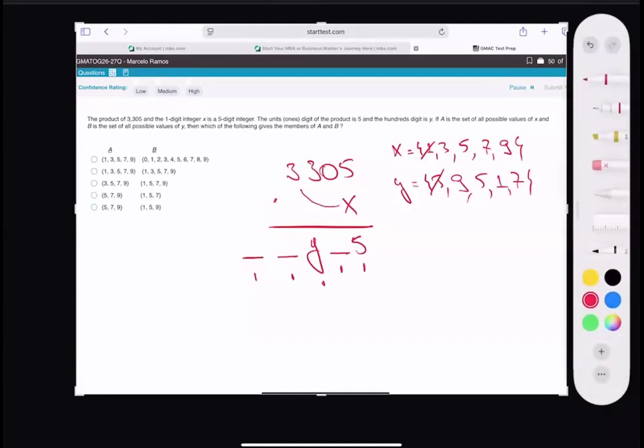Do you guys agree? 3 doesn't fit. So 9 doesn't fit. 5 fits. 7 fits. 9 fits. So 579, 517. Is that correct?